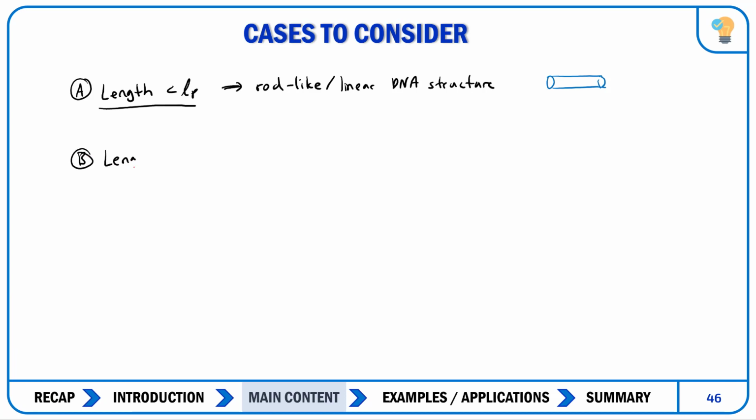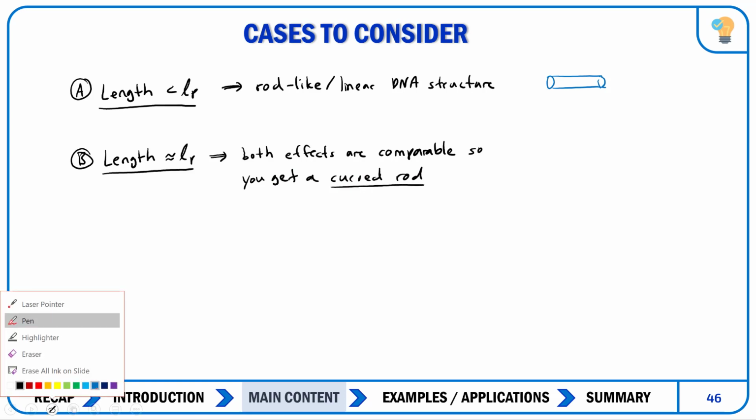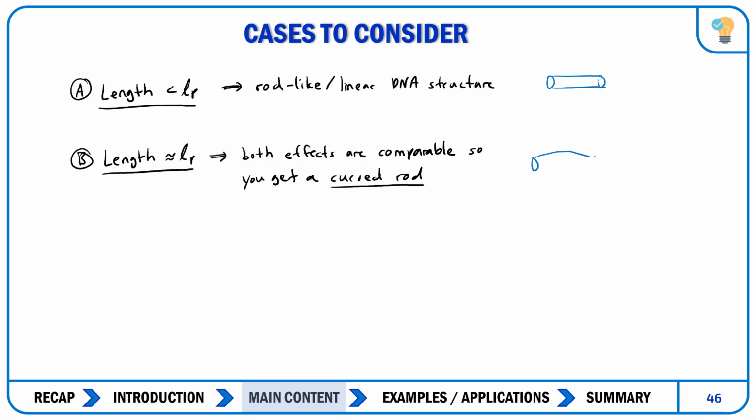B, if our length is approximately equal to LP, both the rod-like and curved effects are comparable. So you get a curved rod. And that perfectly curved rod is going to look like this.